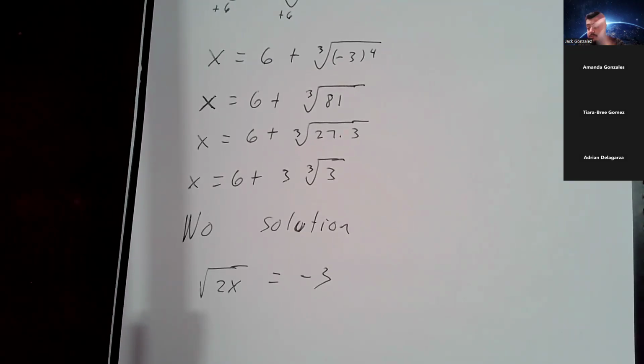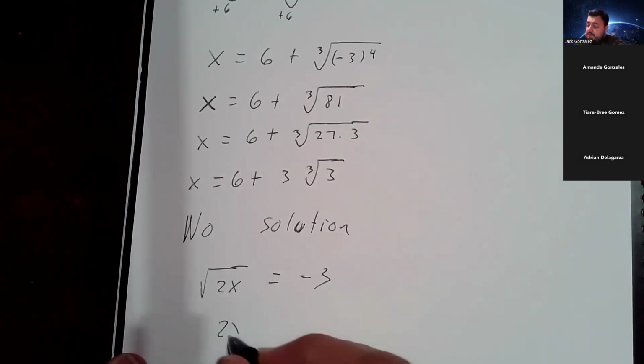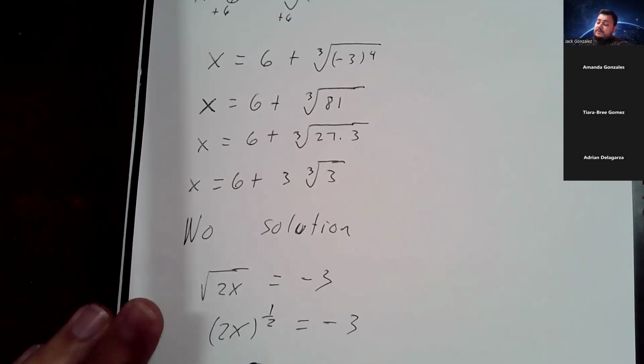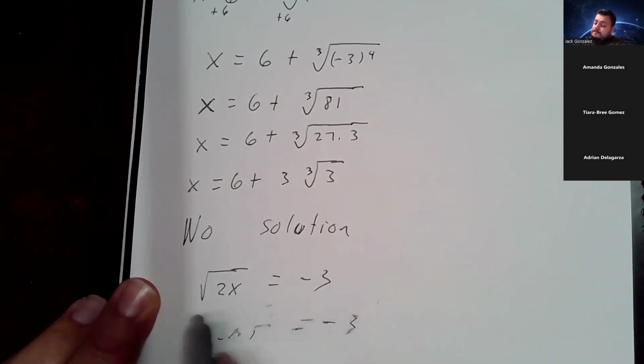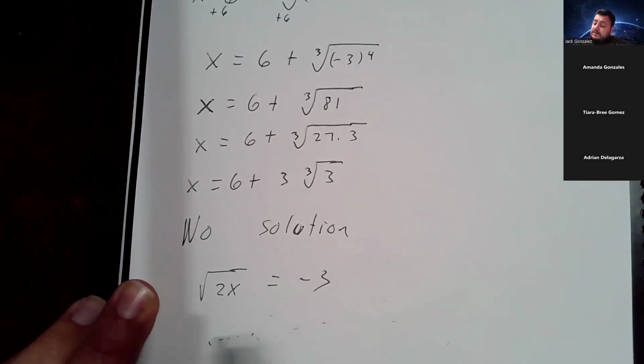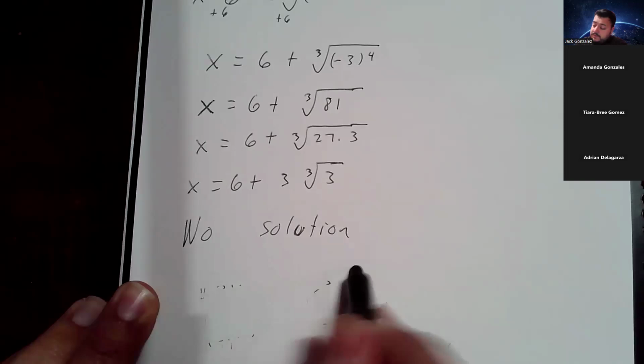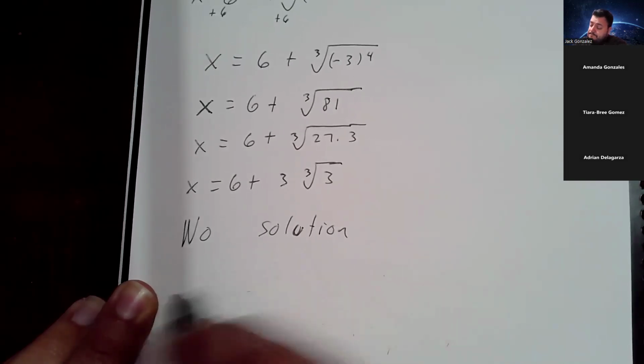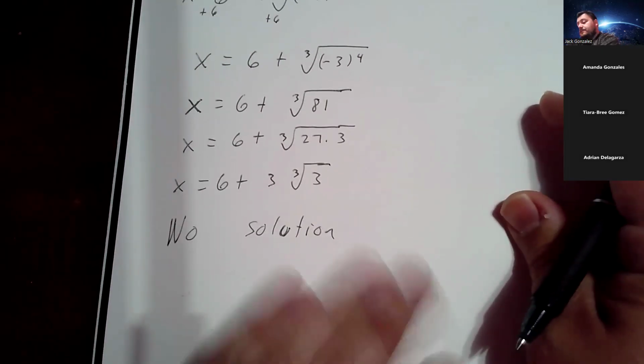Even though it's written like this, it's the same thing. There are no solutions here. When you try to solve it, you're going to see it. And if you don't see it, you're going to see it when you plug it in, which is what just happened. Anyway, any questions on 19?